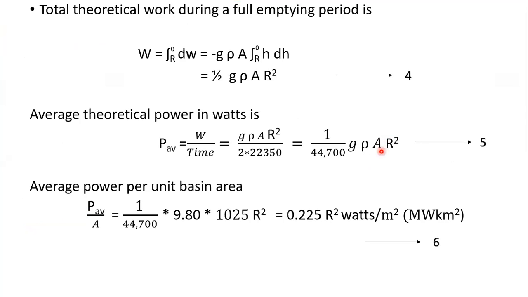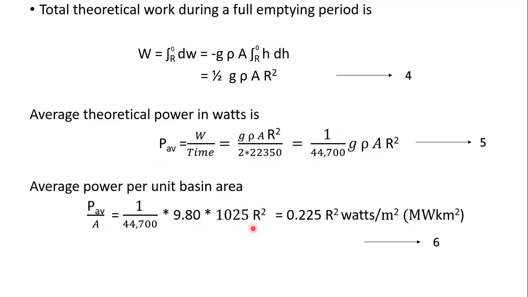If you send this A to the denominator, that is P AV divided by A, the remaining factors are G, rho and R square. We are sending A to the left side, so the remaining factor is 1 by 44,700 into G, which is 9.80, rho, which is the density 1025 kg per meter cube, and into R square.